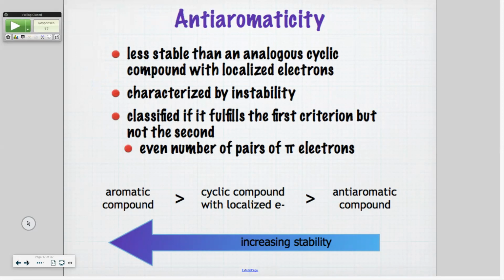So that means that we have sp2 hybridized atoms all the way around. We have conjugation, but we have an even number of pairs of pi electrons. Those compounds are actually called anti-aromatic. Okay, these are anti-aromatic.